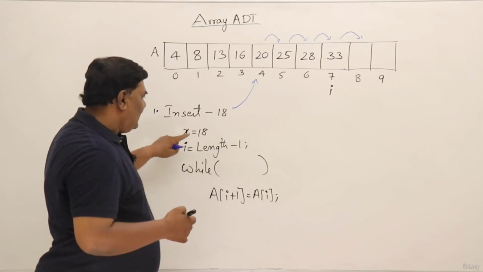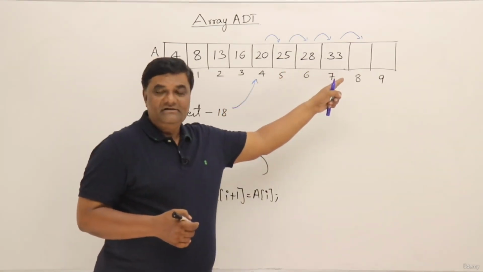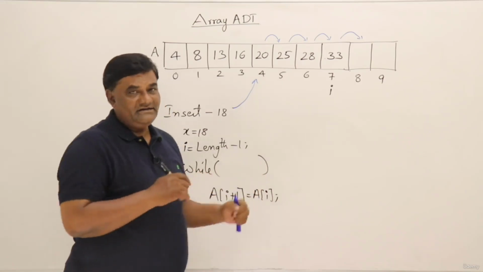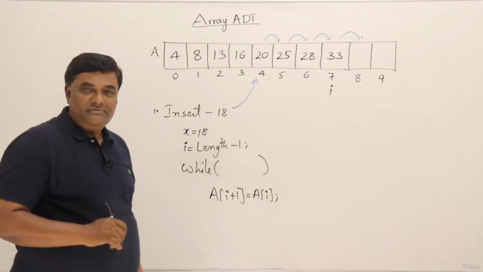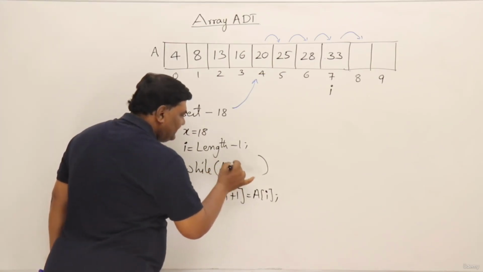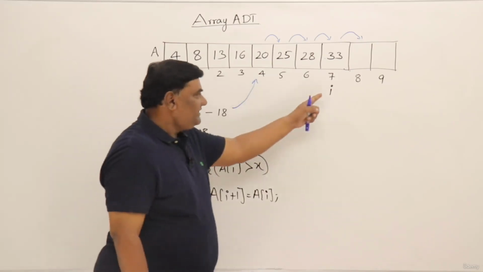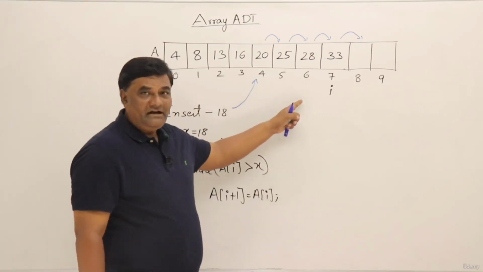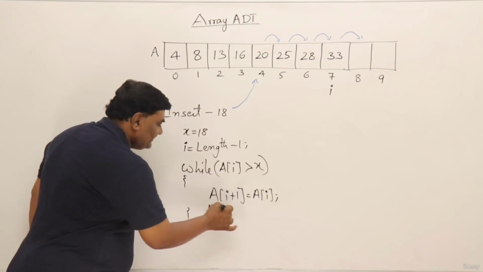How long? As long as x is smaller than that element. If this becomes greater or equal, I should stop. So as long as a of I is greater than x. And after shifting an element, I should also decrement I, that is I minus minus.